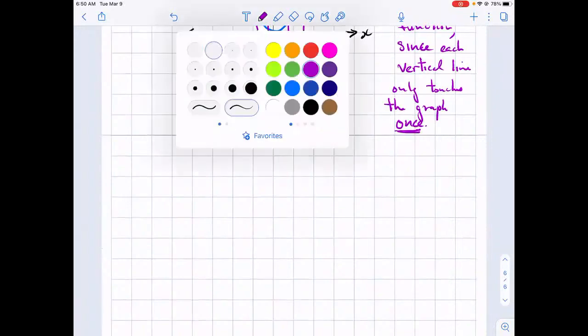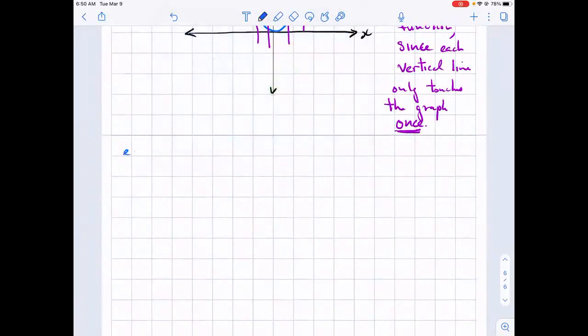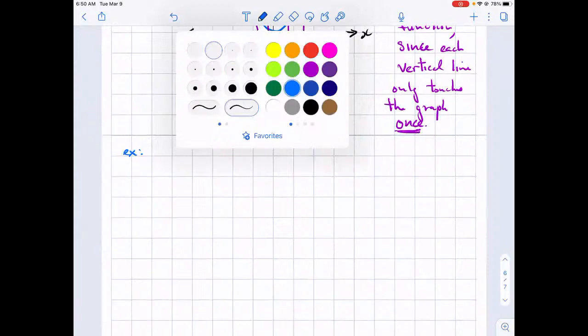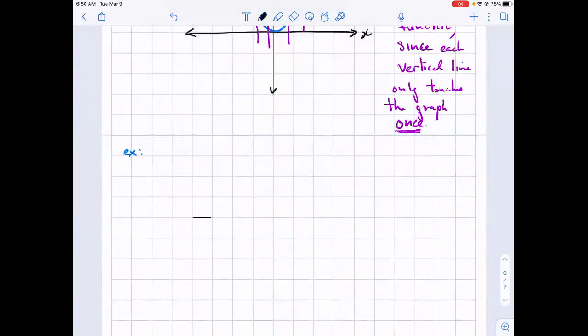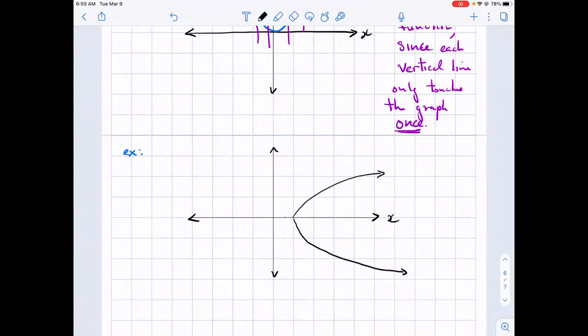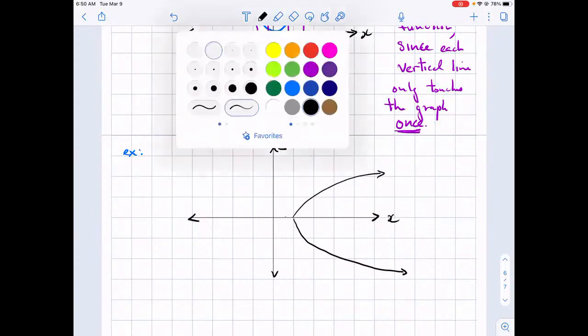If you look at another example, where this is the x-axis, that's the y-axis.